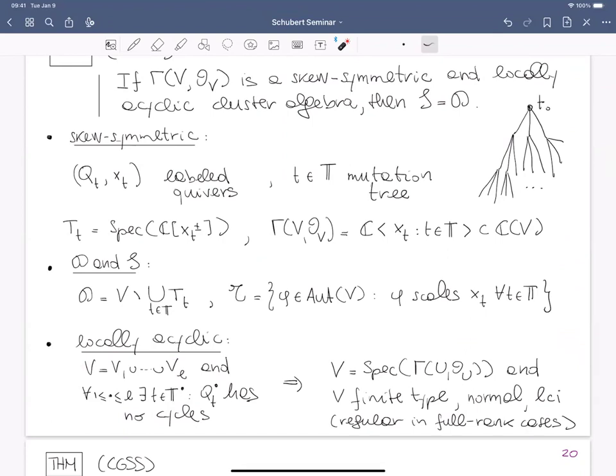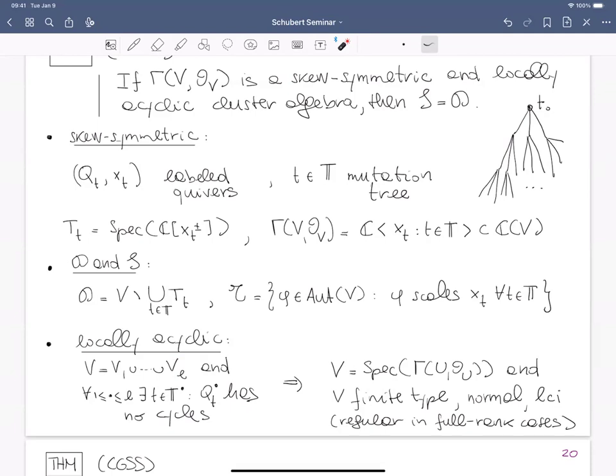So each of them will have a family of quivers, and at some mutation step in this family of quivers, you want to witness that there are no cycles. So local acyclicity is a technical condition that, a priori does not seem to have a clear geometric meaning, but it turns out it rules out lots of potentially pathological examples.